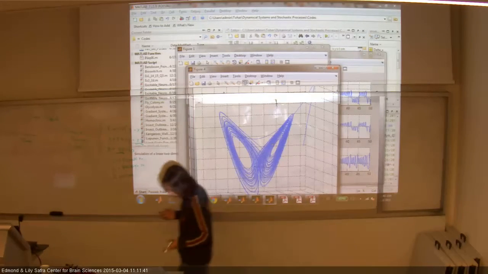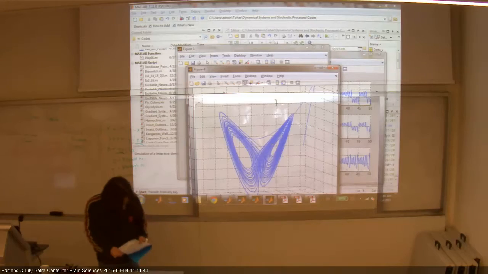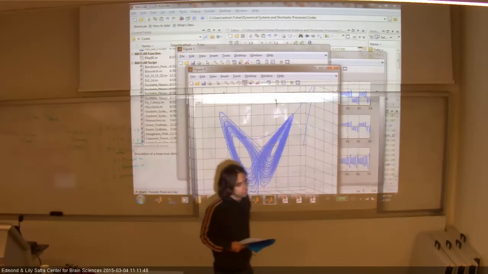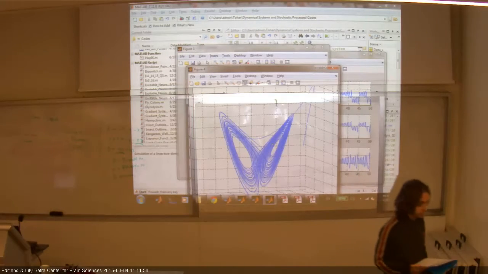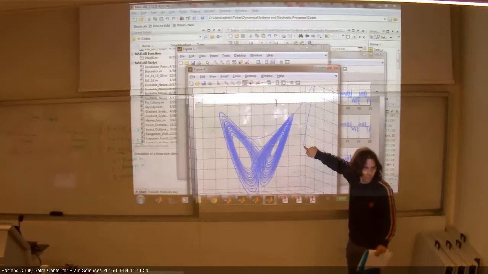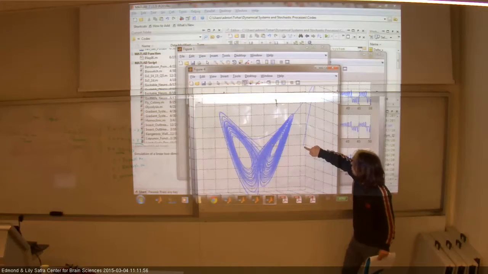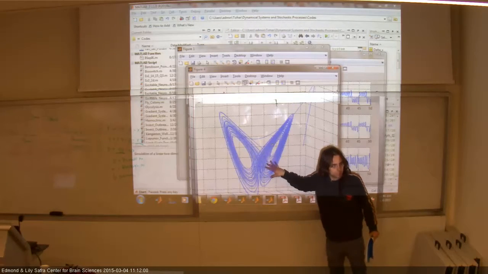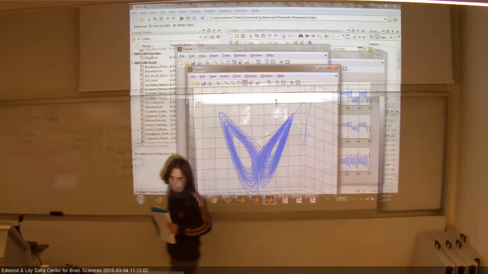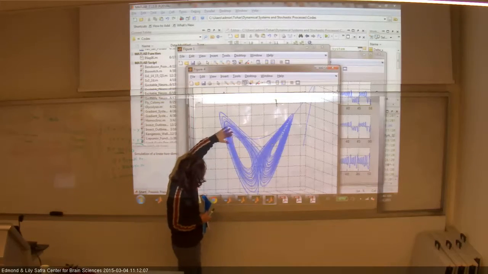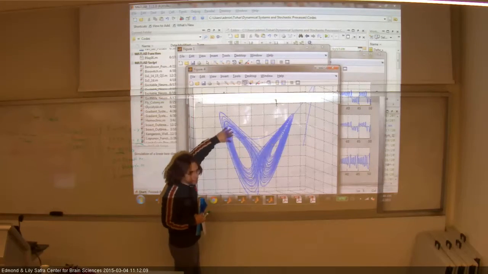And what is this? So, yes. Yeah, exactly. So you see this initial condition. The system started, and after a transient period, it settled into one of these wings. So what we have here is a plane.